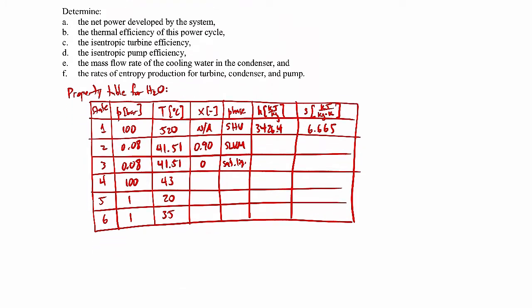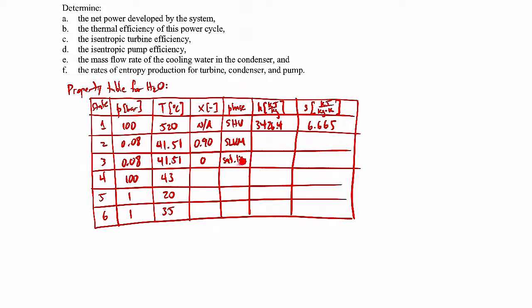Okay. To find the saturated liquid values, we just use the hf values, right? So here the h will be the saturated liquid value. Same sort of thing for the specific entropy. It'll be the saturated liquid value from the table. So we can look those up pretty quickly. That's 173.08, 0.59249 for the specific entropy.